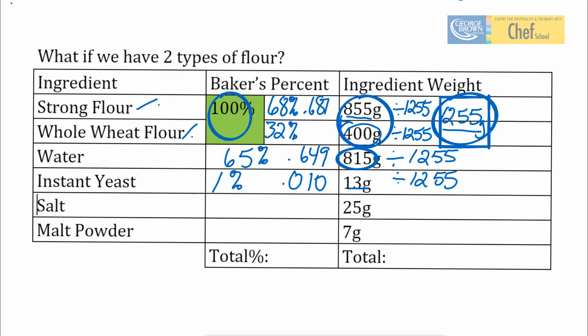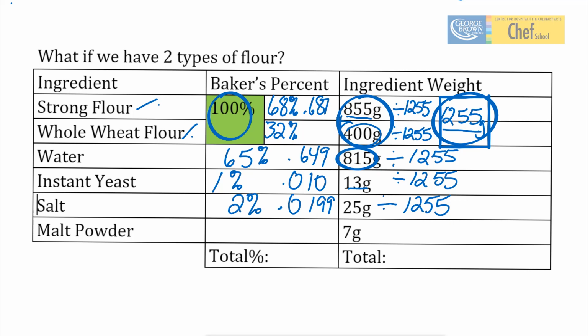The salt, 25 grams. Again, what do we divide by? The total flour weight, 1,255 grams. So our salt is going to be 0.0199. Let's call that 2%.